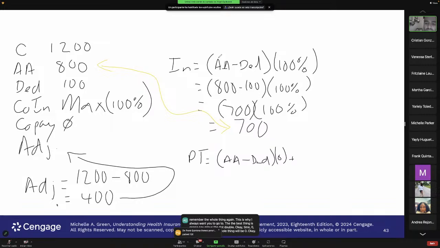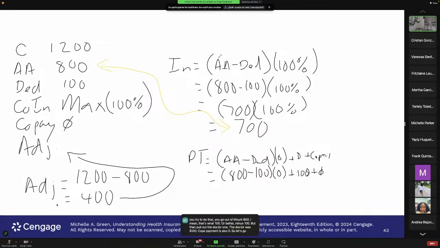What is going to be added is the deductible plus the copay. So now you go allowed amount, 800, minus the deductible, 100. I messed it up. Minus 100 times 0%. But then plus deductible, and deductible is $100. Co-payment is also 0.